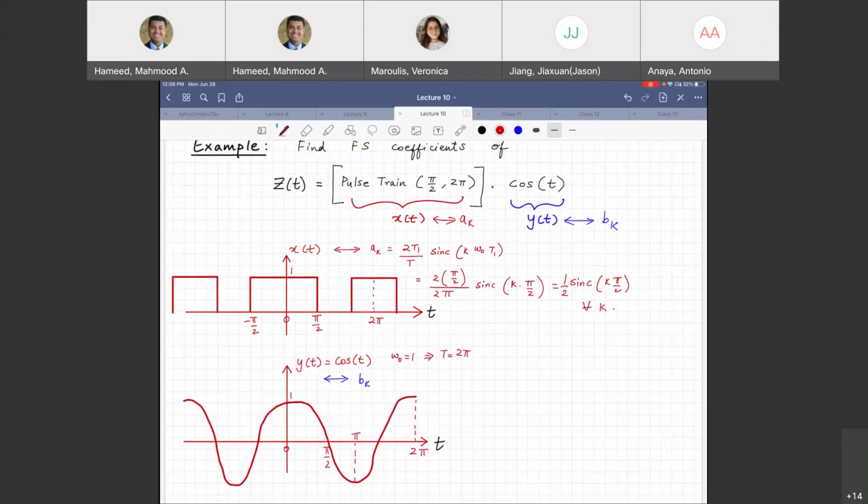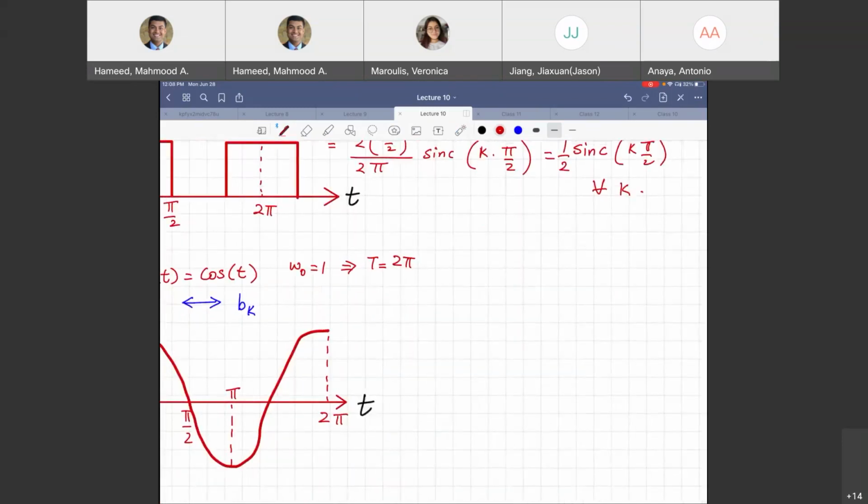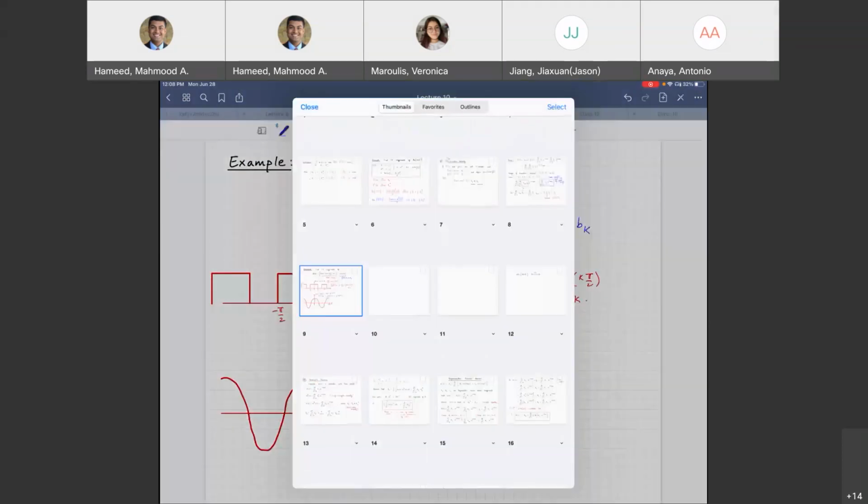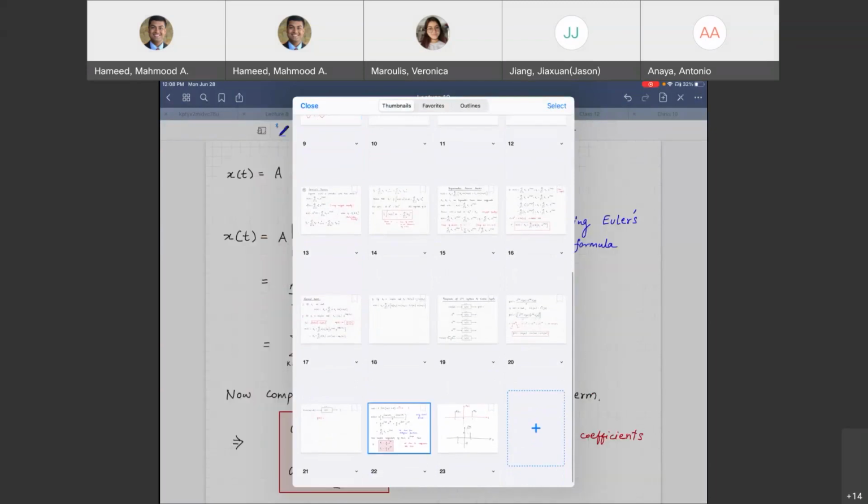What is b sub k going to be? I will write the answer first and tell me if you guys agree with it or not. There are two coefficients. One, k equals 1. The other, k equals -1. The amplitude of both of them is half. What did I use? I essentially used the first thing that I derived for you guys, which was right here.